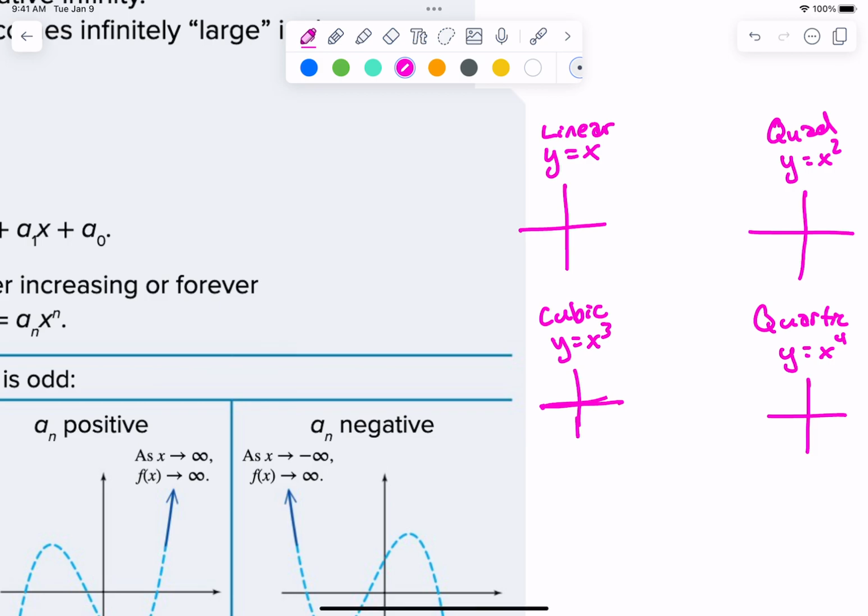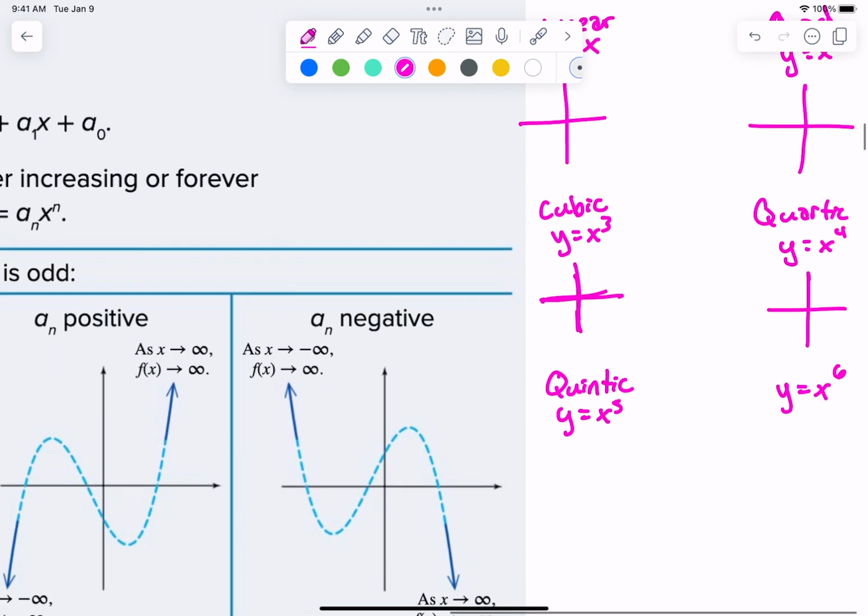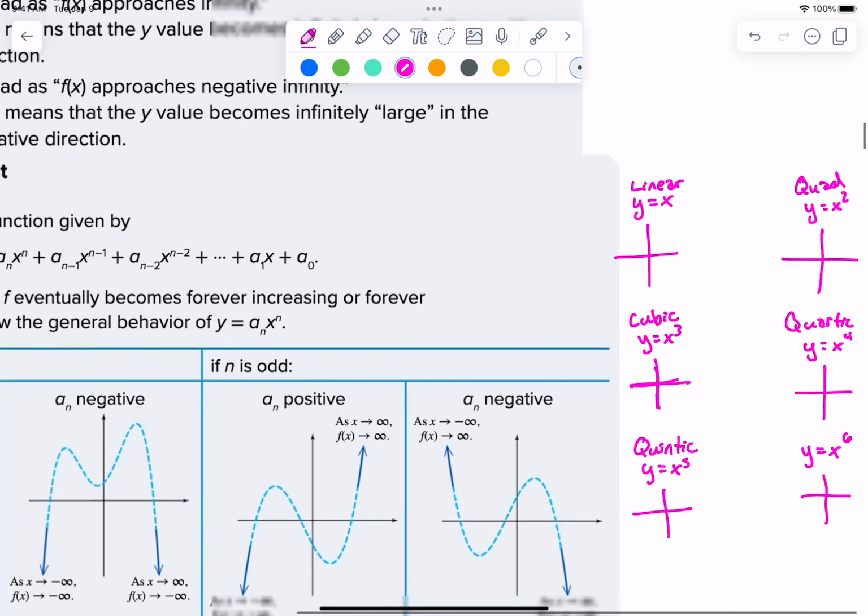I want the odd ones on the left and the even ones on the right. Quartic, quintic. Y equals x to the 5th. I'll do y equals x to the 6th. He doesn't have a name, but we'll put him over there. Okay, and we can keep going on the pattern back and forth.